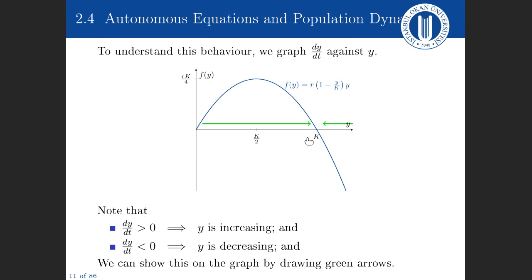Between 0 and k, dy/dt is positive, y is increasing. We draw an arrow to the right to show that y is increasing or y is getting bigger. If y is bigger than k, then dy/dt is a negative number, y is decreasing. To show that y is decreasing here, we draw an arrow to the left.